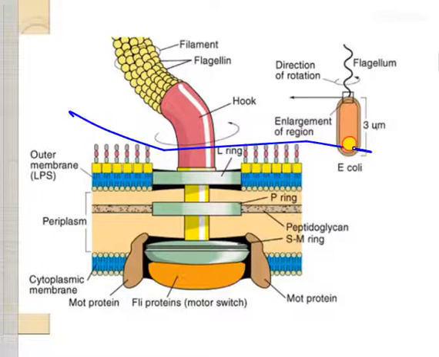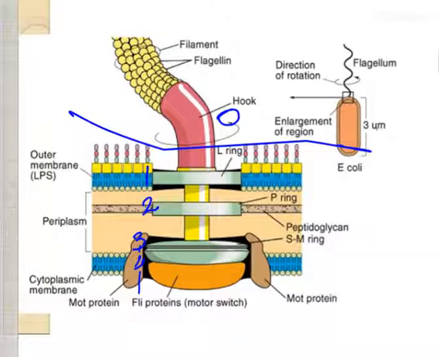Then this is the hook. Then these are the rings, two pairs of rings, 1, 2, 3 and 4. So four rings are present in gram-negative bacteria and two rings are present in gram-positive bacteria.